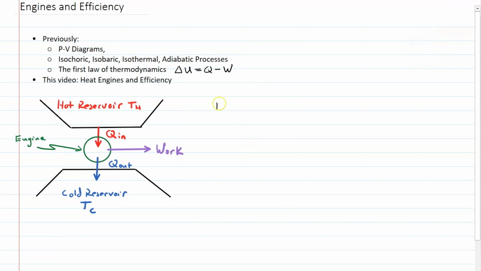Okay, so a heat engine is a device which converts heat into work. If you want to convert work into heat, that's easy. That happens all the time. If I slide a book across the floor, it will eventually stop.